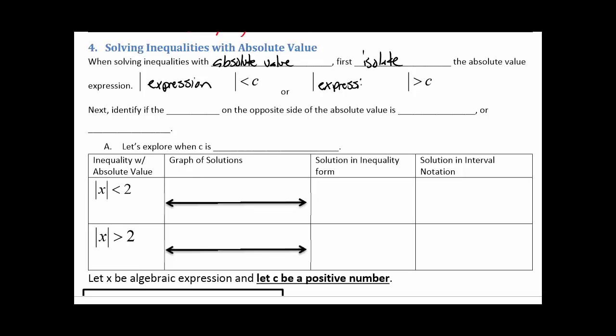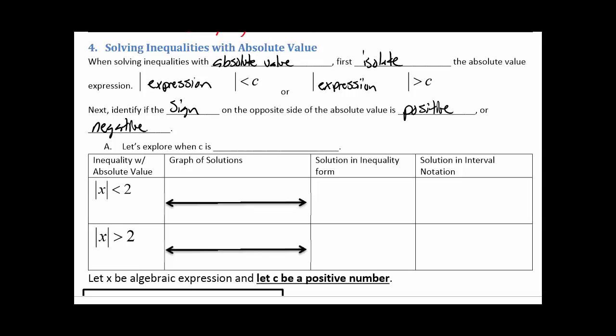And you're probably thinking, what about negatives? Well, we'll address negatives in a little bit. So next we want to identify the sign opposite the absolute value, and that's either going to be a positive or a negative number.